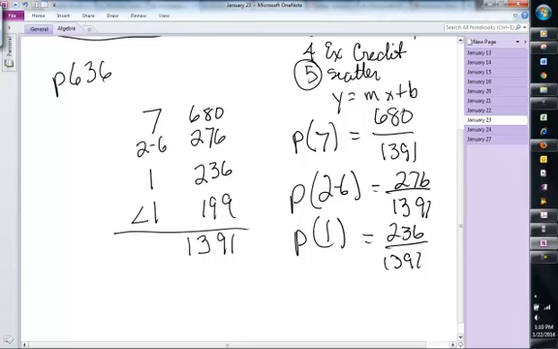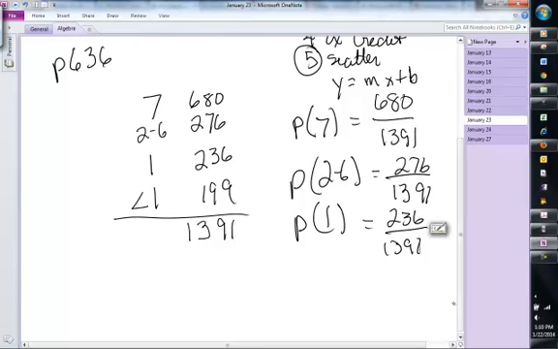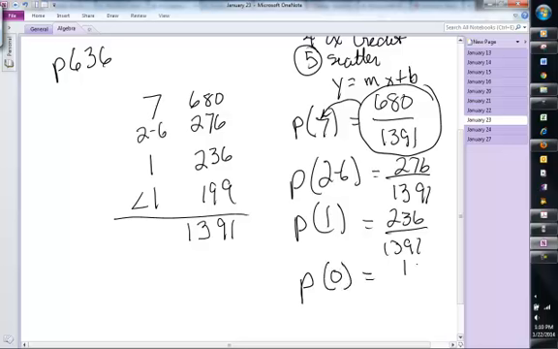Okay? Now, what's kind of interesting is that you can use this to figure out what the average number of contacts is. And the way you do that is you take the probability times this number, and add those together. Probability of 0 is 199 out of 1391. Now, since this says 2 to 6, let's just say the average is 4.